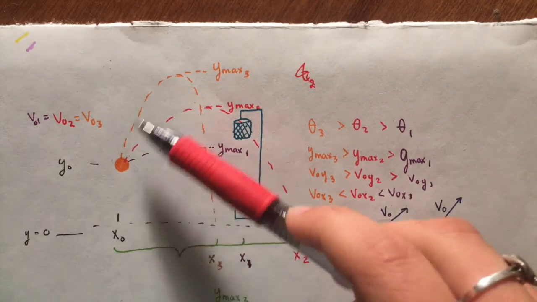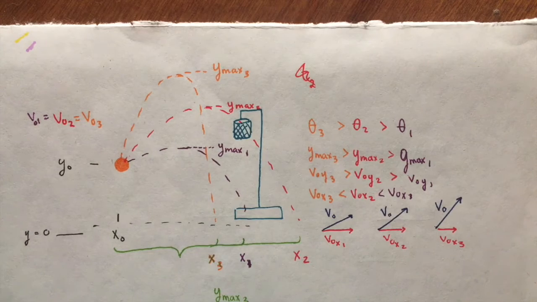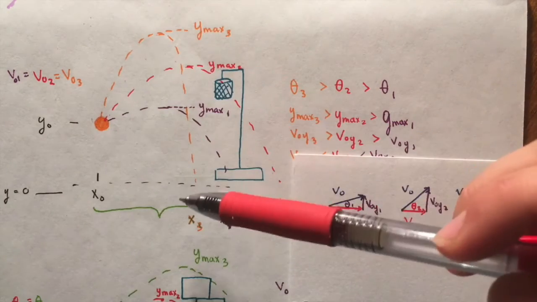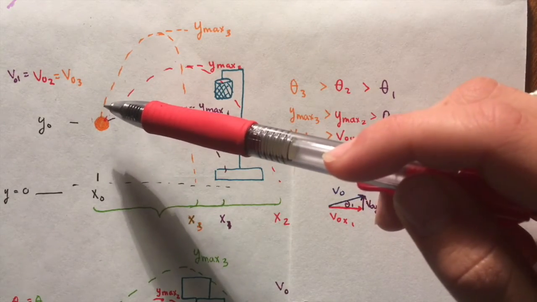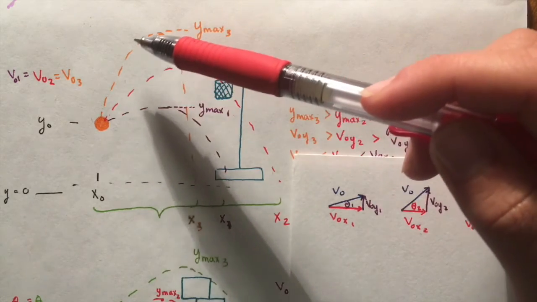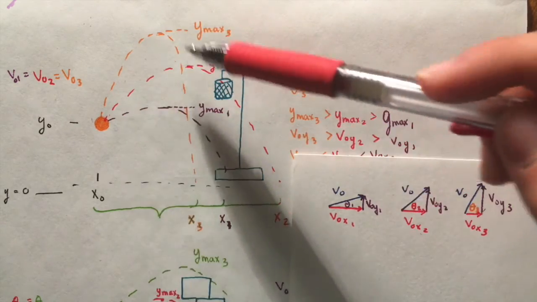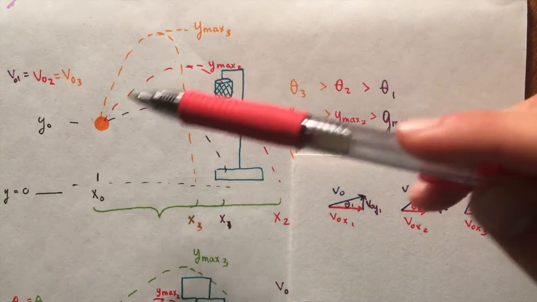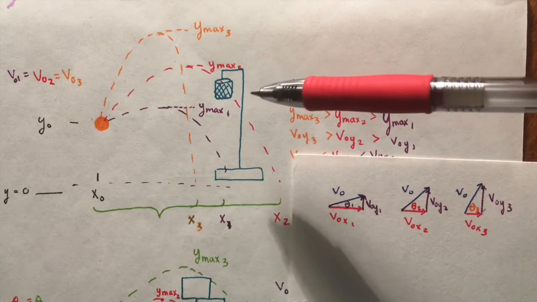Does that mean that the object that goes the highest vertically is always going to go the farthest horizontally? No, not necessarily. And the ball with the biggest launch angle, so you might be thinking, oh, maybe because it has such a large vertical component, it goes up so high and it has a ton of time to travel to the right and cover all this horizontal distance, so maybe this one should be the one that goes the farthest.